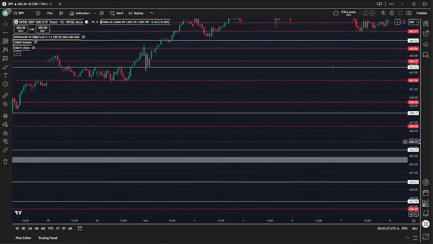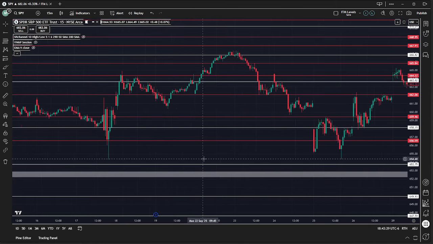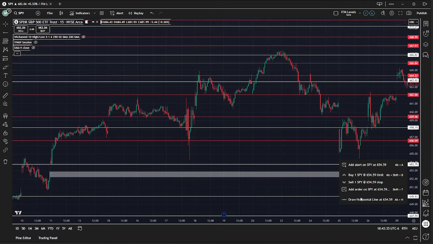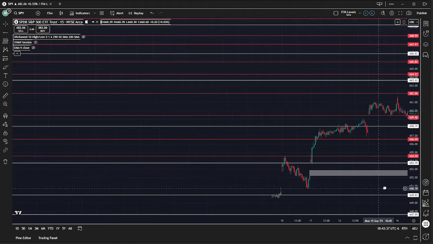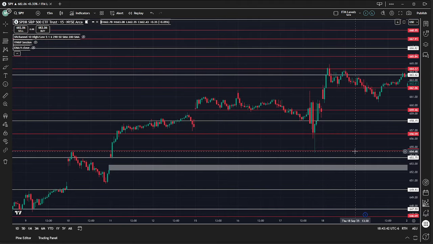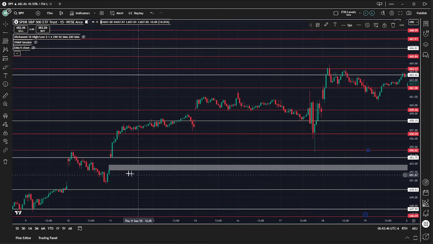Right here doesn't give us too much price action based off our demand zone, so I'm gonna scroll back a little bit and try to pin our demand zone based off this. Not too much price action right here to base off. I'm just gonna look at the top of these wicks over here.